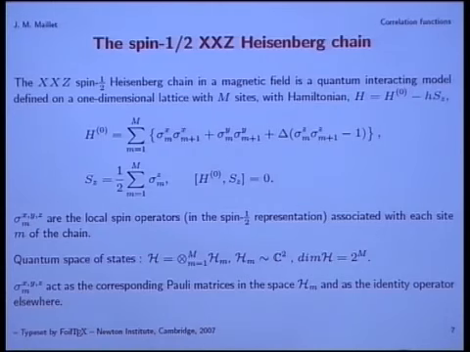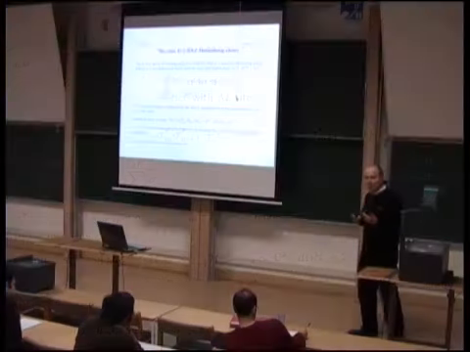Okay, so let me just, to fix the notations, introduce the XXZ Heisenberg chain. So it's very much like XXX, except for this anisotropy delta in the z direction. You can eventually add a magnetic field. It is still integrable. I have to say that all that I will describe here is valid for the chain with periodic boundary conditions.